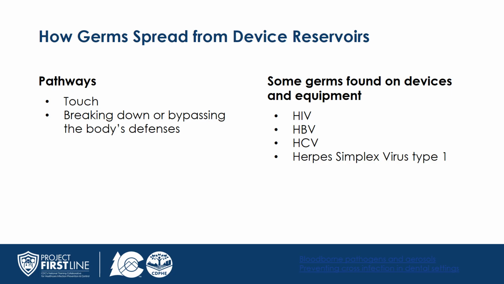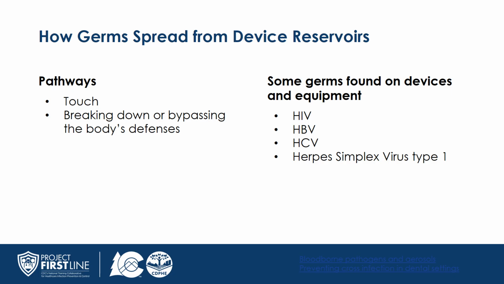The main pathways of transmission here are breaking down or bypassing the body's defenses and also by touch. When devices and instruments are used on the tissue of the mouth or penetrate them, they can be an entryway for germs into the body.